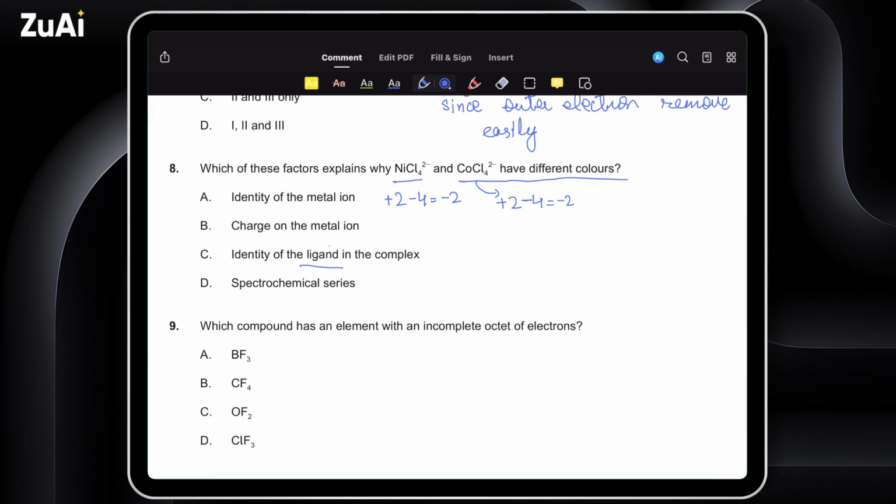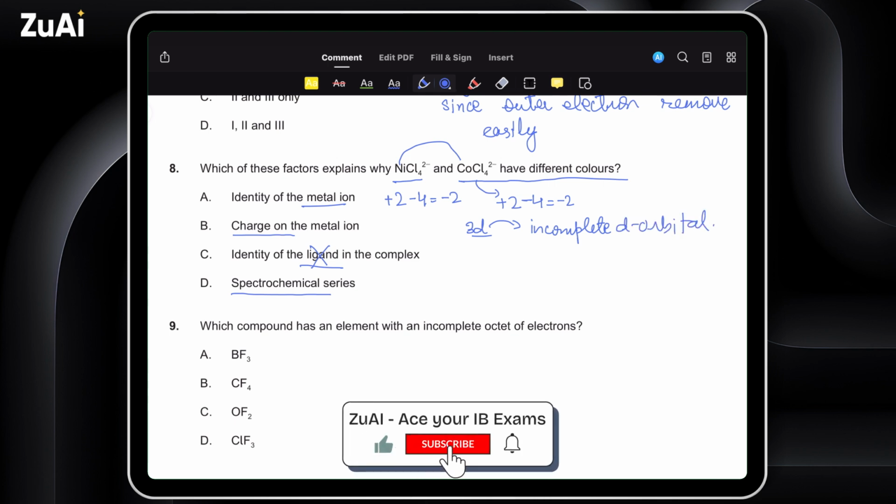Ligand is not the thing which identifies the color. Charge is not the thing which identifies the color. Spectrochemical series is not the thing, but the metal. They are both transition metals. Their outer electrons are present in the d orbital, and all those elements which have an incomplete d orbital do have colors. Incomplete d orbital, so that's why.